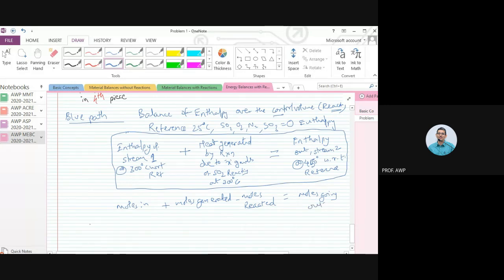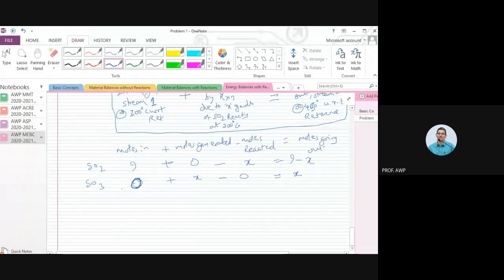For SO2 it is 9, nothing generated, X reacted, so outgoing is 9 minus X. For SO3 it is 0 plus X generated, nothing reacted, so outgoing must be X.